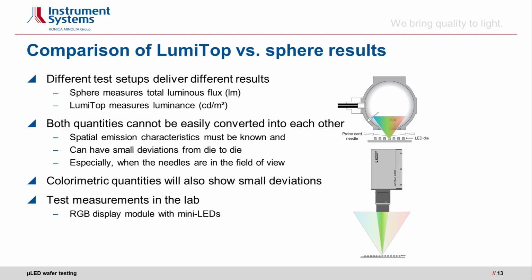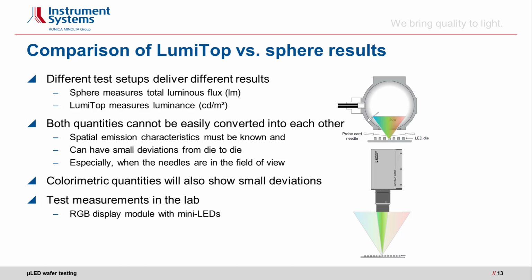You need to know the spatial emission characteristics if you want to do so. And the spatial emission characteristics can have small deviations from die to die, especially when the needles are in the field of view, because these will affect the individual emission of each die. Also, the colorimetric quantities will show small deviations.